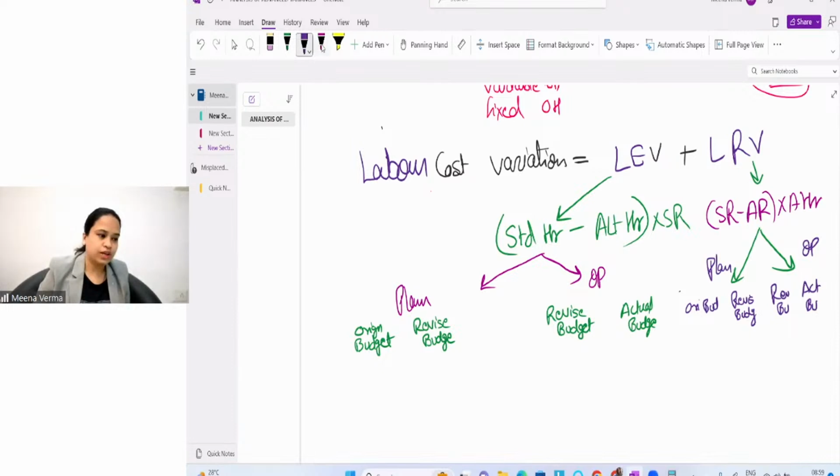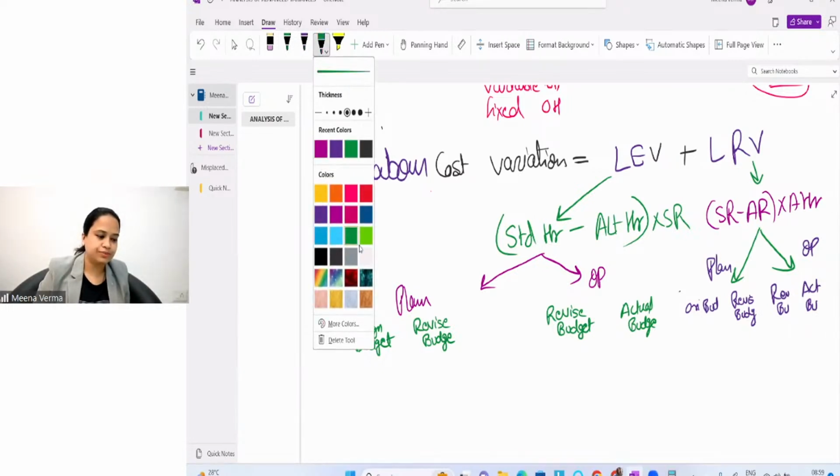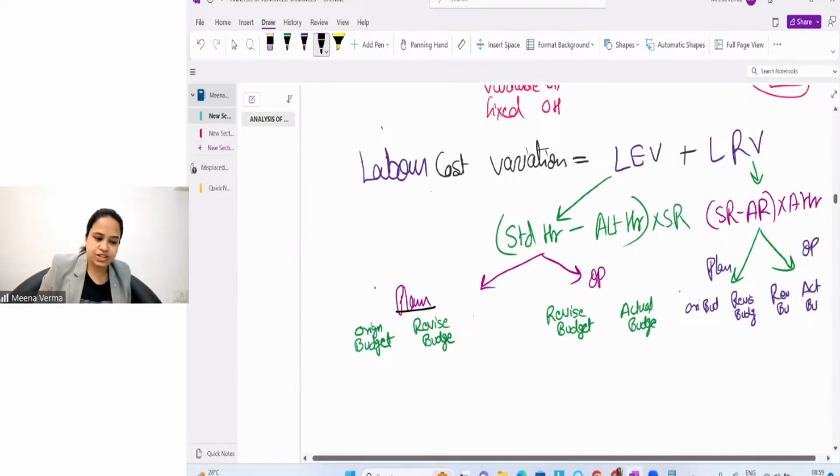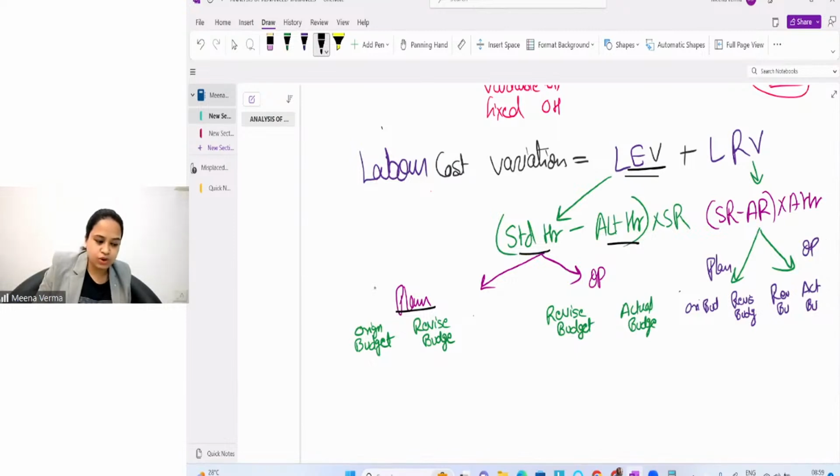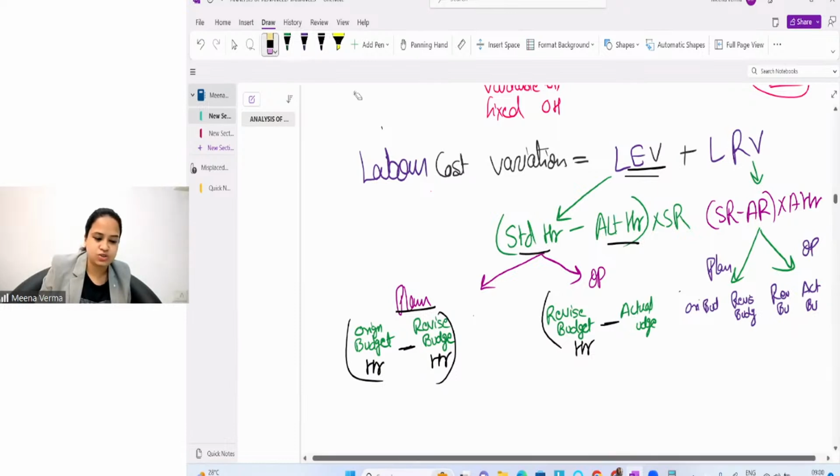Right? Okay, now what will happen here? We will see, this is planning variation, but of what? Efficiency variation. So standard rate minus actual rate. So original budgeted standard hours, original budgeted hours minus revised budgeted hours is this planning variation. Similarly, here what will happen? Revised budgeted hour minus actual hours. Operational variation, no? It is not a budget.